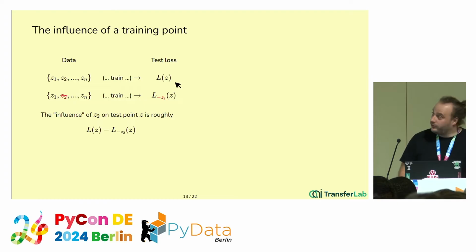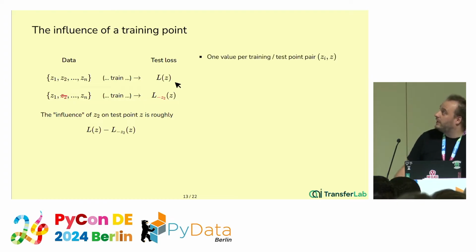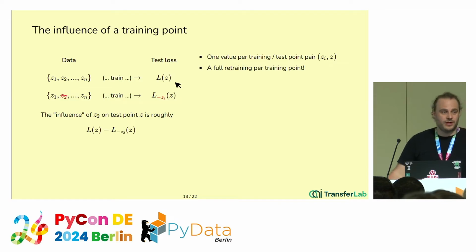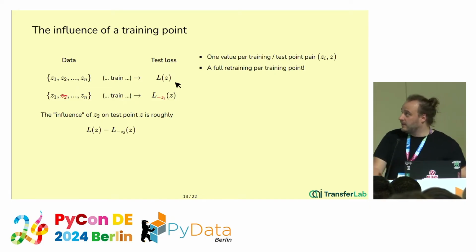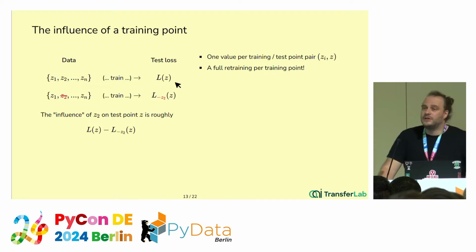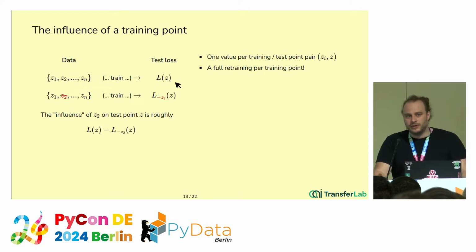We would have to do a retraining for every training point, right? Which you don't want to do. Think of a large vision model or something comparable in complexity. And you have thousands, millions of training points. You don't want to train a model for each left-out training point, right?